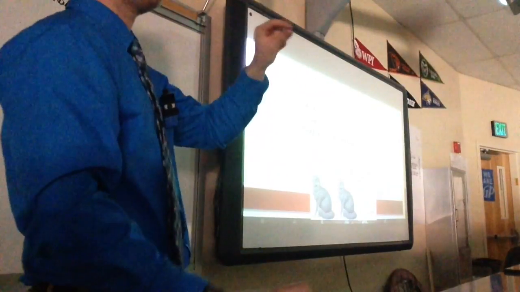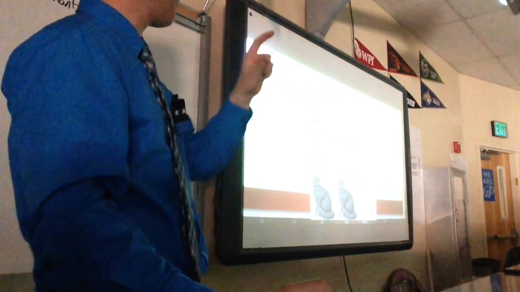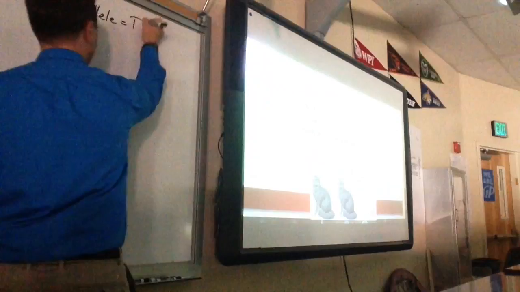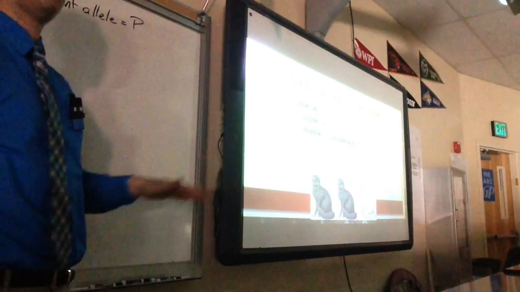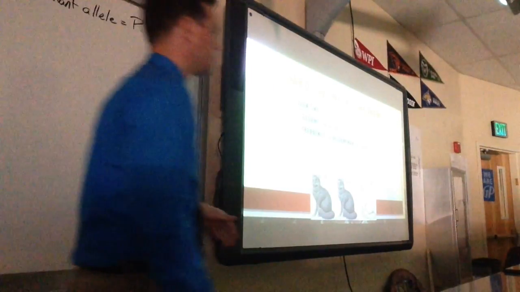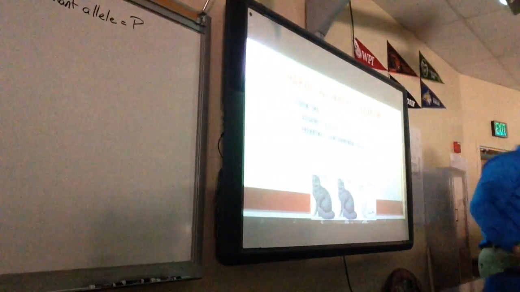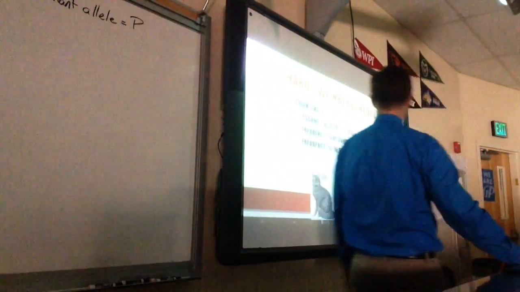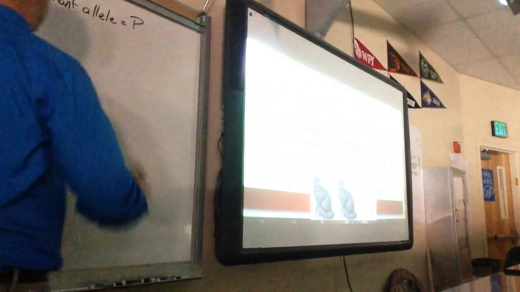The letter we're going to use to represent the number of dominant alleles is going to be P. That's going to be consistent the whole time, and that's never going to change. The letter that we are going to use to represent the number of recessive alleles is going to be Q.